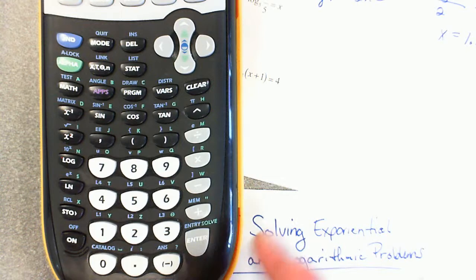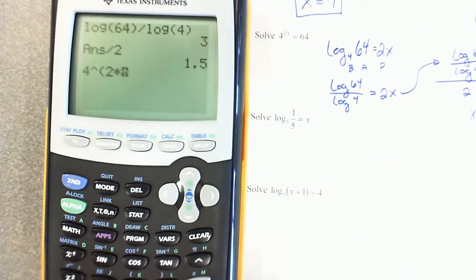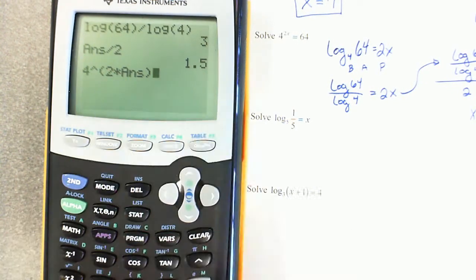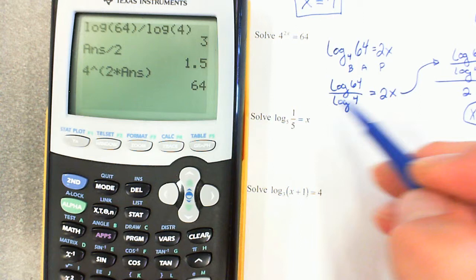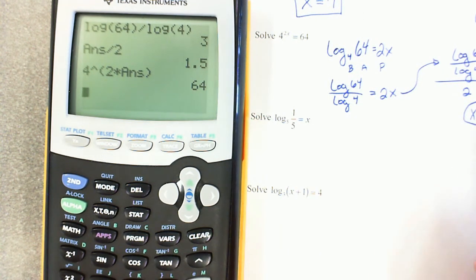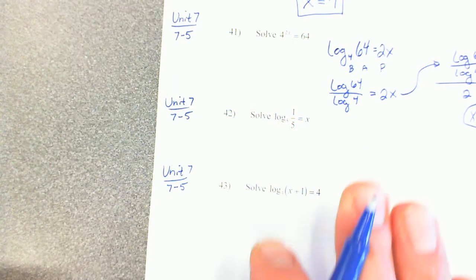Right above the negative sign, it says ANS for answer. So hit second and the negative key, and we get 4 to the power of 2 times our answer. Our answer was 1.5, and let's see what we get. We get 64, so we know that that's right. And because this is a multiple choice test, you could have tried your multiple choice answers in there and see which one gets you the right answer.